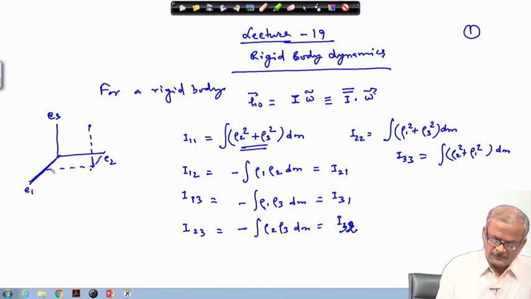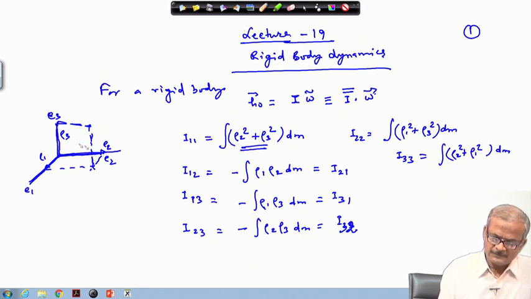This distance from here to here is your rho 1, this distance from this place to this place is rho 2, and vertically up, if you drop a perpendicular here, this distance is rho 3. So, I 1 indicates the integral of rho 2 square plus rho 3 square dm. You integrate with respect to rho 2 and rho 3.